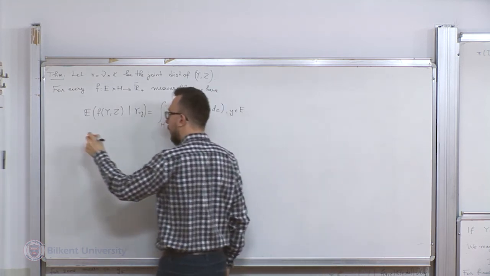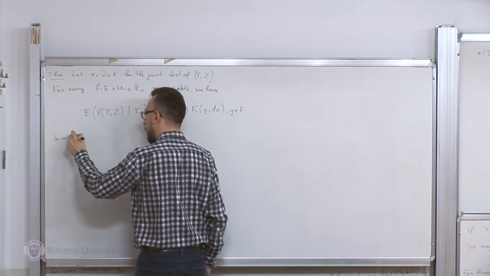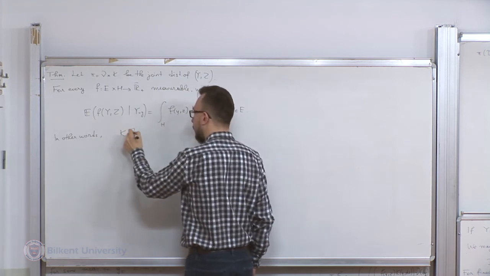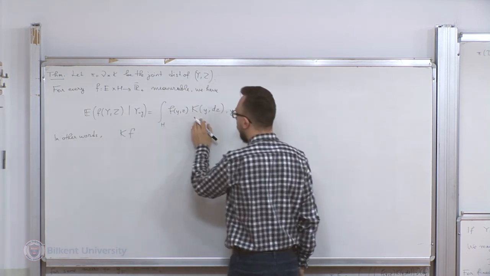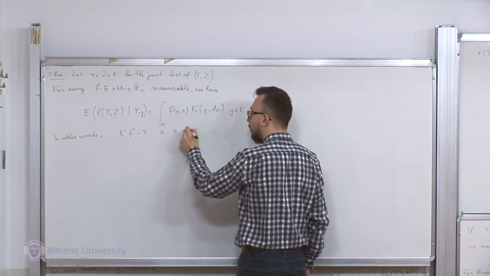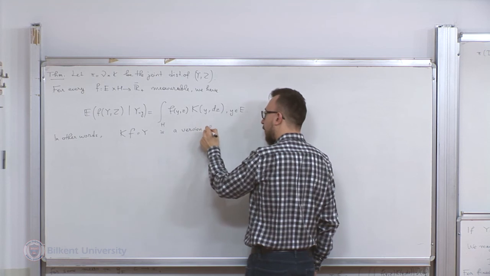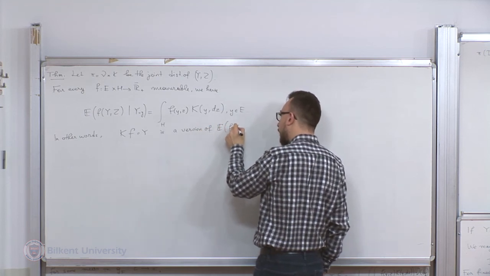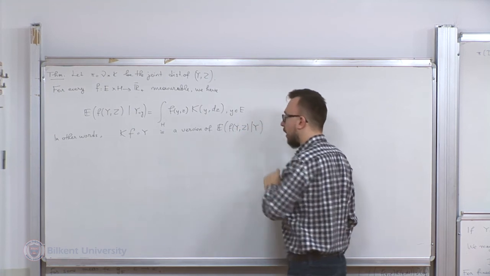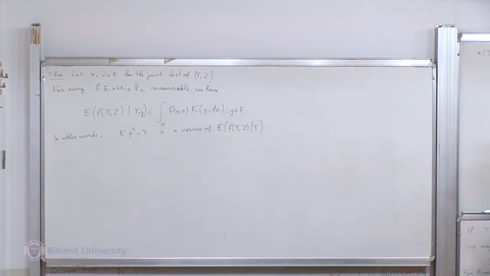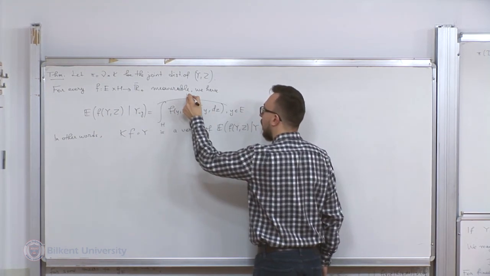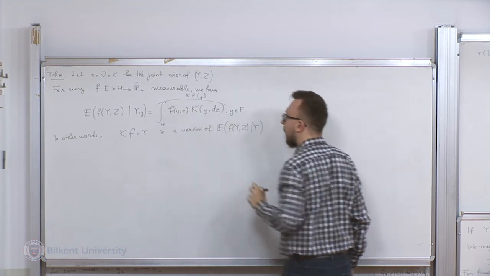In other words, if you integrate f with respect to k, this is going to be a function of y. So if you apply it to Y, it is a version of the conditional expectation of f(Y, Z) given Y. So this integral is simply kf at y, right?